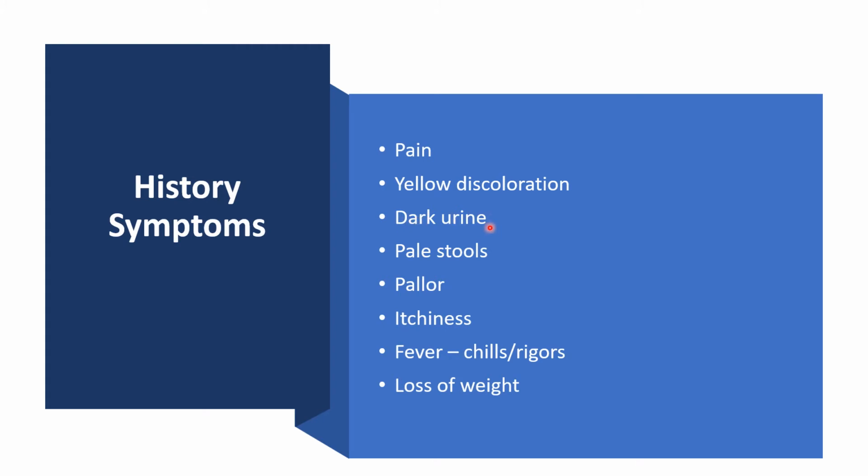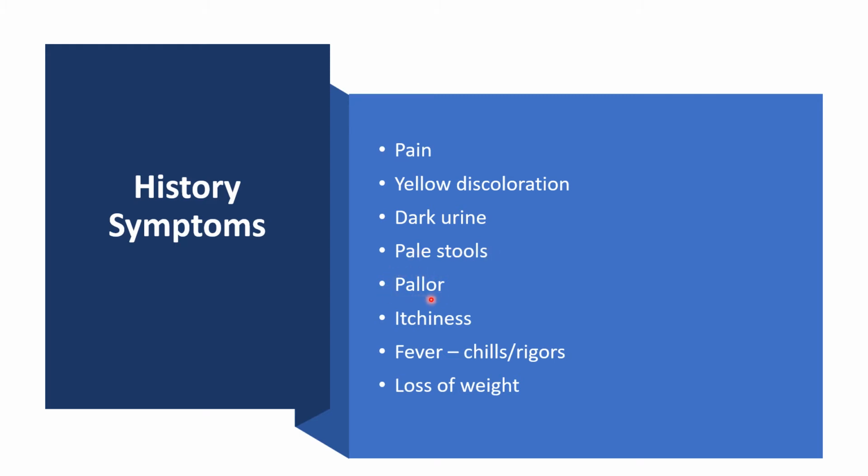The resulting hyperbilirubinuria causes dark colored urine, which the patient usually describes as tea colored. Then there can be pale stools or clay colored stools due to absence of stercobilinogen, due to the absence of bile in the intestines.